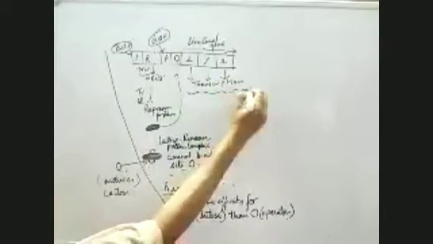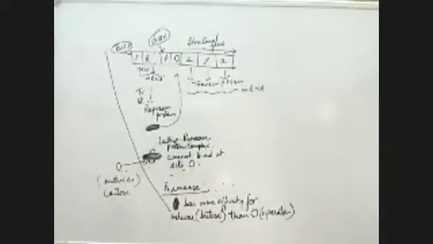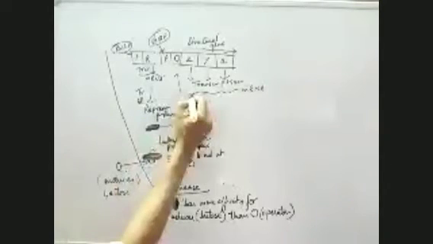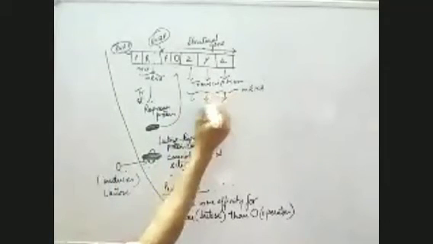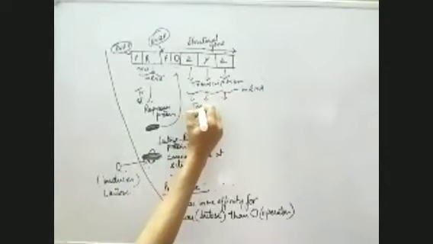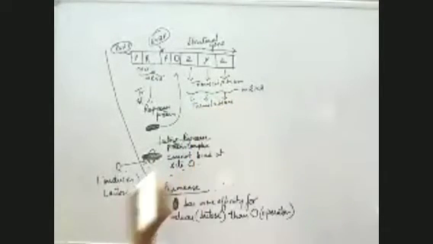Messenger RNA. Now this messenger RNA will undergo translation, and as a result of translation, 3 enzymes will be formed.